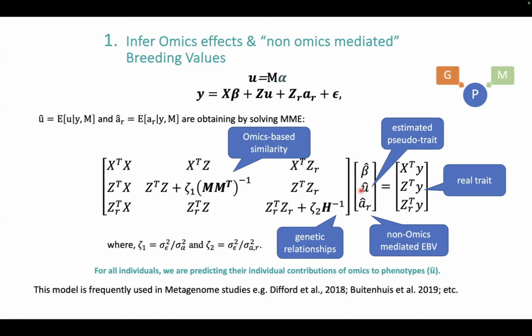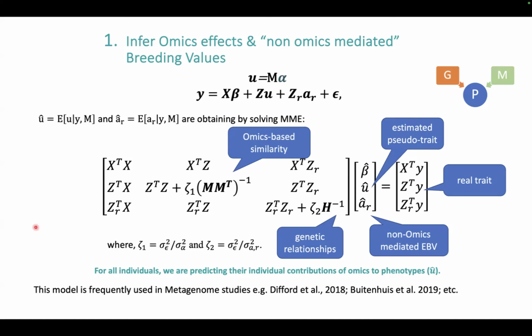So it's essentially a prediction of what the part of the animal due to omics would be. Other than that, this is just regular mixed model equations, and we know how to solve this. Now, this model is exactly the model that people use for metagenome studies. There is this very well-known paper by Gareth Difford, in which they use metagenome and talk about microbiability, and it's exactly this model. And there are other papers from other authors.